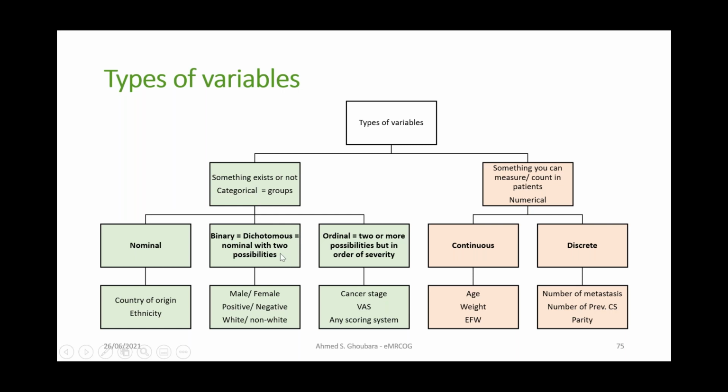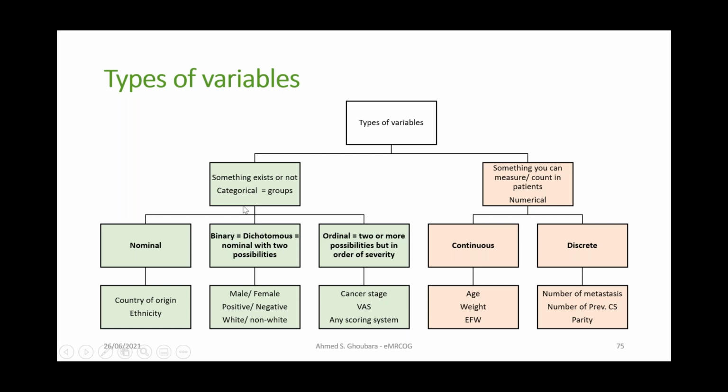Dichotomous means binary, same thing, it's just trying to complicate things. So binary means dichotomous, same thing, okay? Don't freak out. So nominal with two possibilities. First lady, like a positive test. Second lady, negative HPV. Third lady, again, negative HPV. Third lady, positive HPV, same. So this is called categorical binary variable, okay?